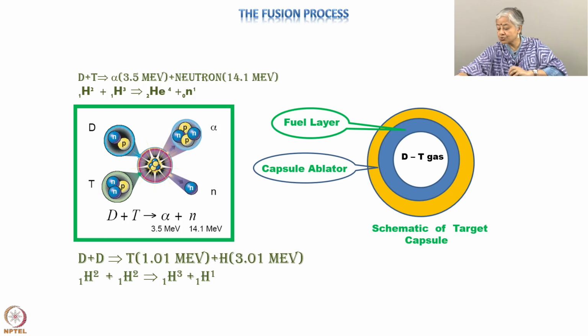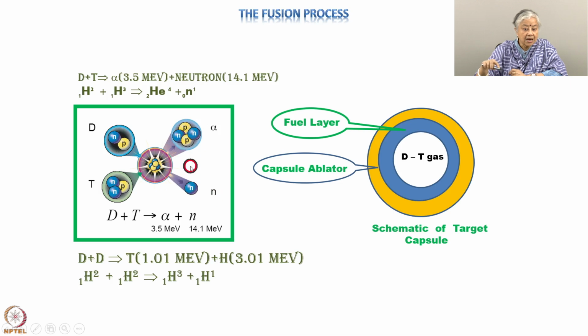Here what I have shown is a DT atom. D is deuterium, T is tritium. So, these two will fuse together and come here, and it will release an alpha and it will release a neutron.